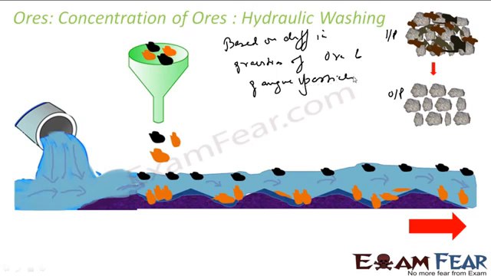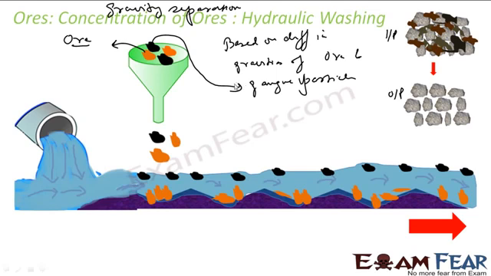Here the black one is my gangue particles and the orange one is my ore. And please note, it's also called gravity separation. Why gravity separation? Because this is based on the difference in the gravities.